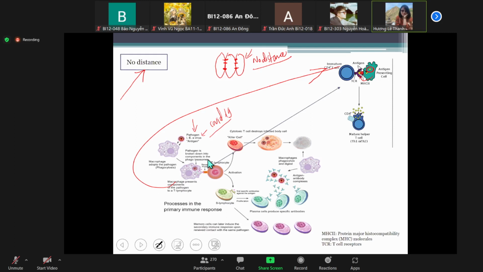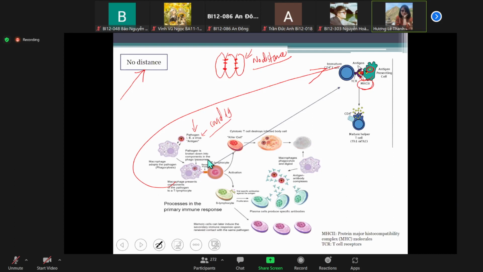We have one kind of protein, the major histocompatibility complex, MHC. They send this yellow thing to the cell membrane, and then the T cells, another type of immune cell, will come to communicate with the macrophage.